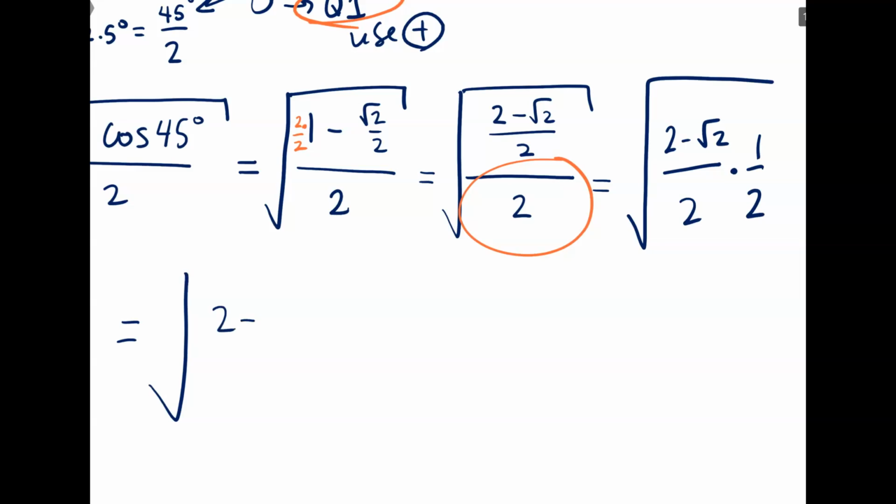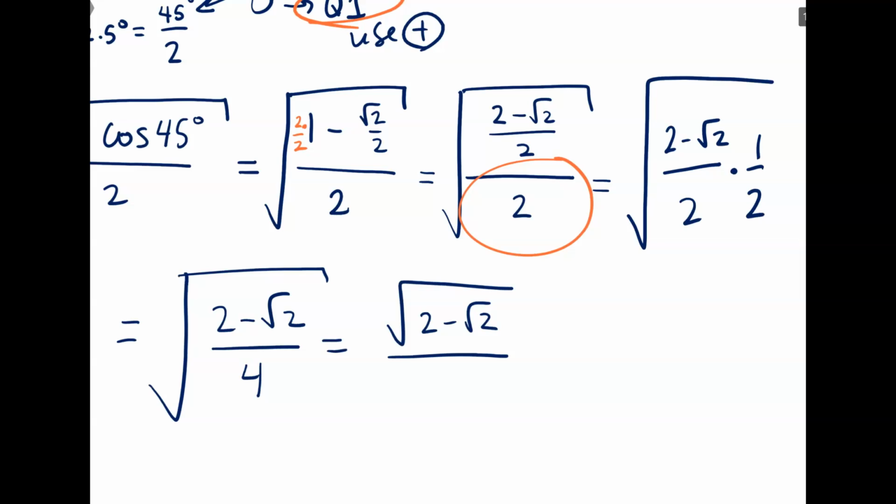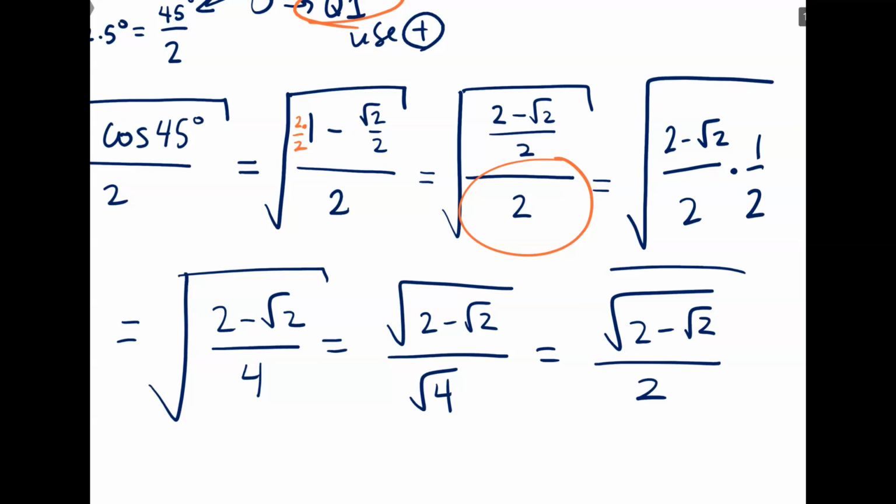So I have 2 minus root 2 all over 4. I'm going to show one extra step to make sure we see what happens. Notice the 2 on the bottom is not in the radical, and this is the answer.